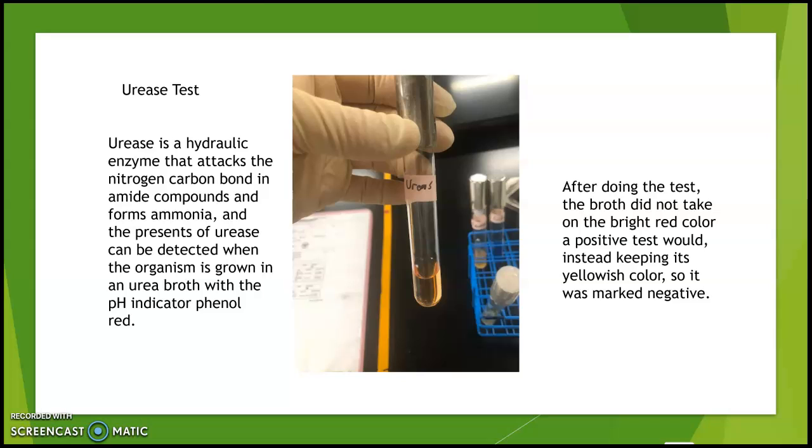After doing this test, the broth did not take on the bright red color a positive test would, meaning there was no urease to be found. Instead, keeping its yellow color and marking it as negative.